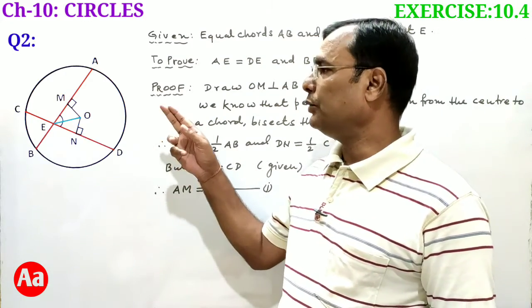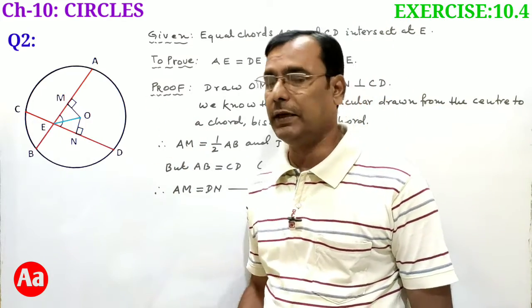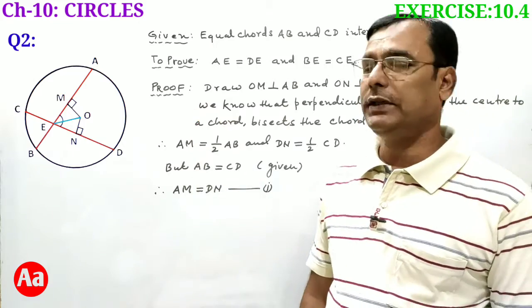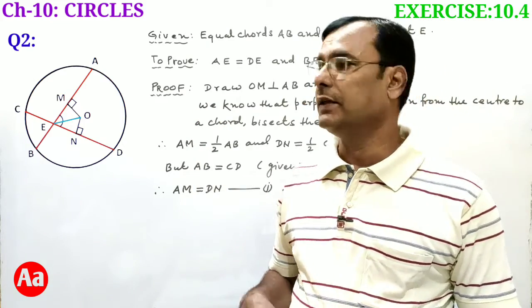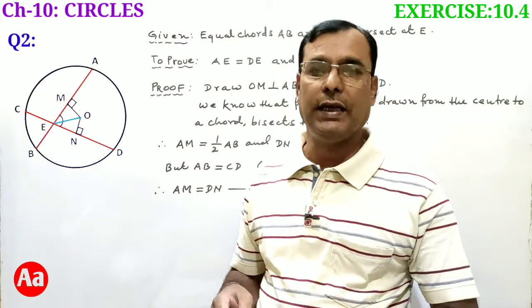By proving triangles OME and ONE congruent, we can find ME is equal to NE.